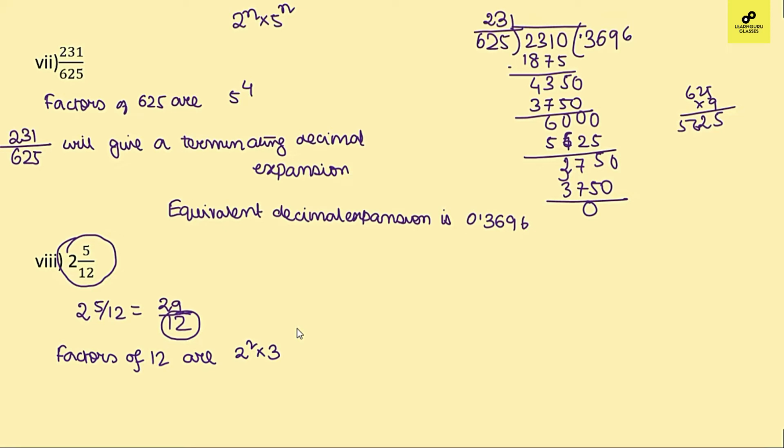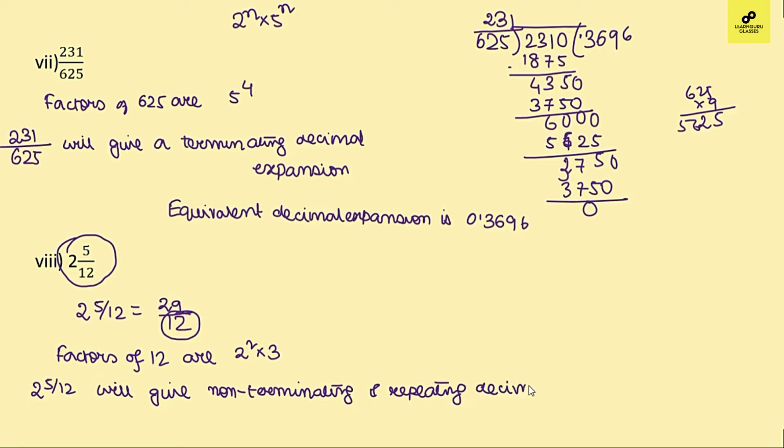So it is not in the form of 2 to the power of n into 5 to the power of n. So therefore 2 5 by 12 will give non-terminating and repeating decimal expansion.